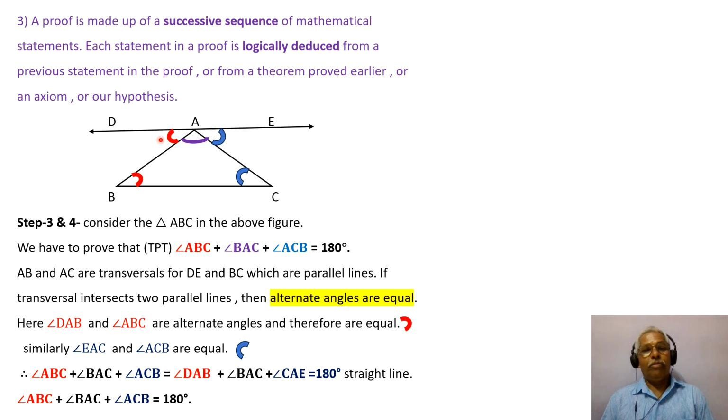But we know DAB plus BAC plus CAE, the addition of all this is unity because it is a straight line. Therefore, these two are equal. Therefore, angle ABC plus BAC plus ACB is 180. That is what we have to prove, and we have proved it. So this is how we have to tackle.